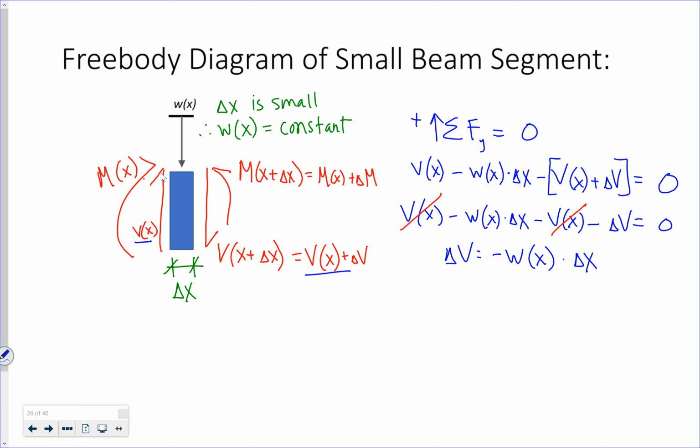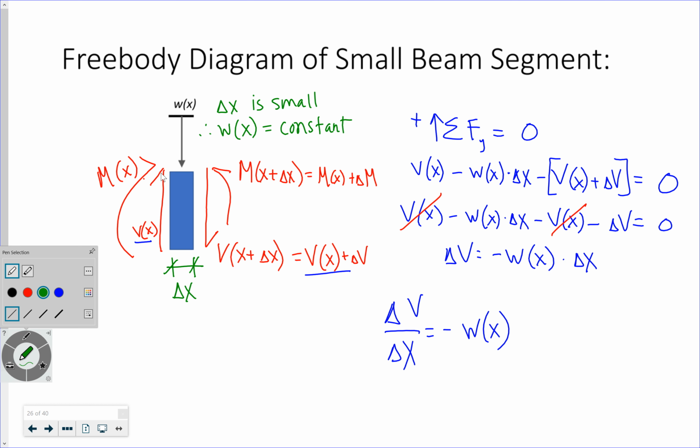So if I divide by delta x, I have delta V over delta x equals negative W of x. Let's take the limit as delta x goes to 0, as that width gets smaller and smaller.